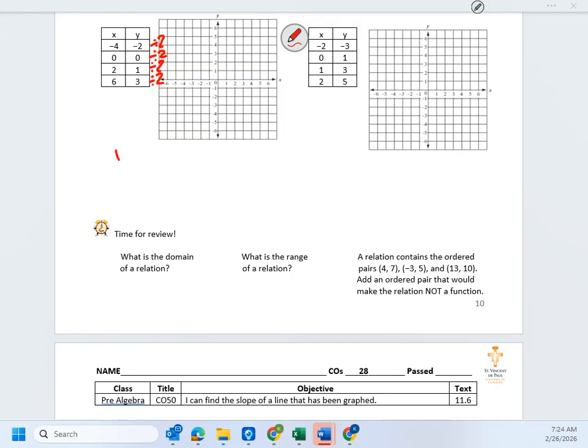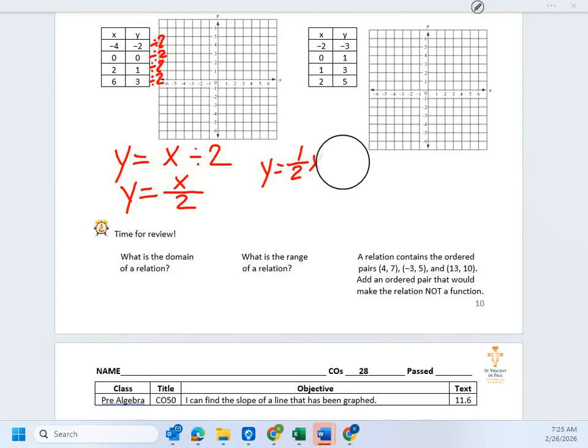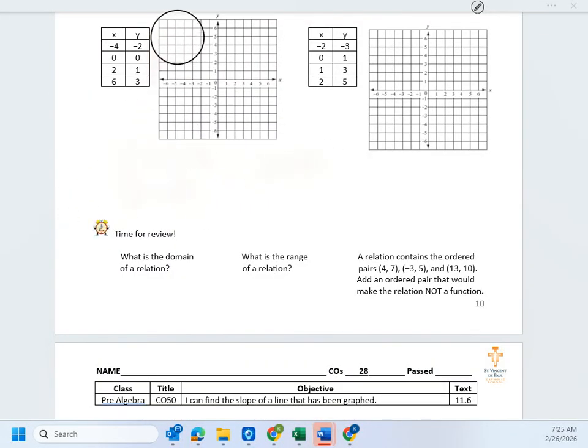So that works. So my y would equal my x divided by 2. I could do y equals x divided by 2. Some might even say it's y equals x times a half. All of those actually mean the same thing. So however you write that rule, as long as it means the same thing, it counts.